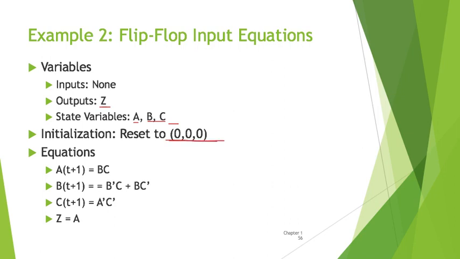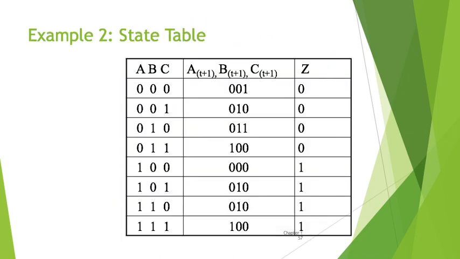Usually we will put them as zeros. The equations, as we saw: A of t was B and C, Z was A. The same for B of t plus 1 and C of t plus 1, we can get them by seeing the diagram. Since I have 3 variables, how many combinations will we have? 2 to the power of 3, which is 8 combinations we can get, and then we will have the values here for the state table. This is the state table.